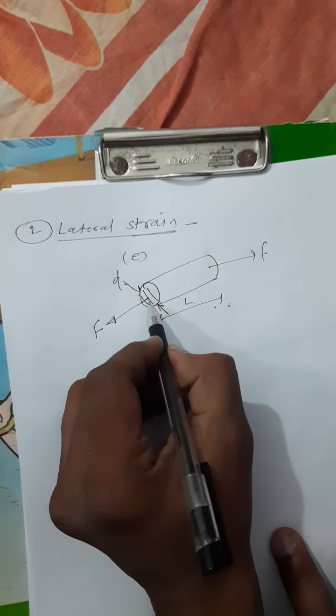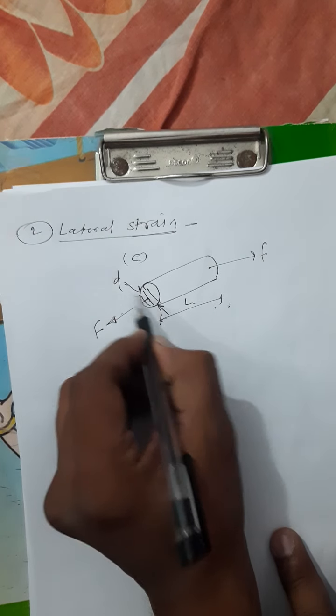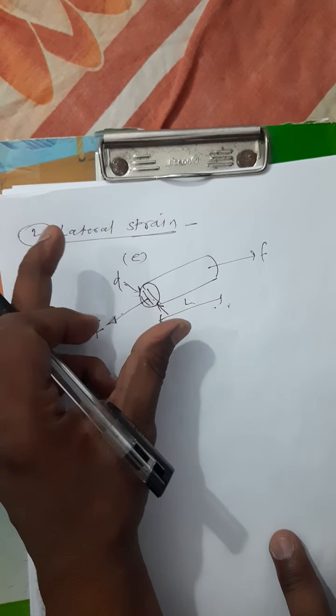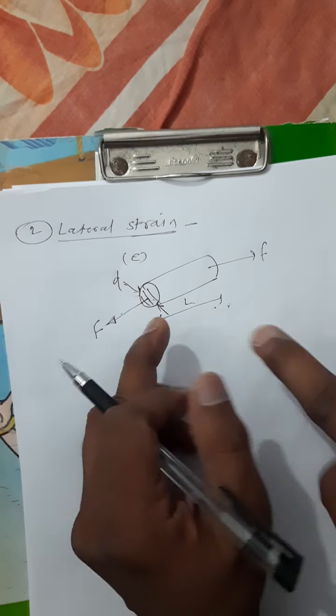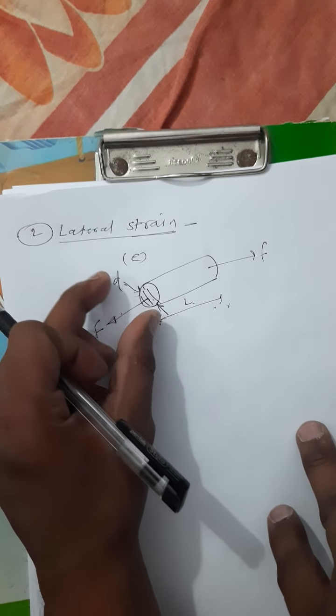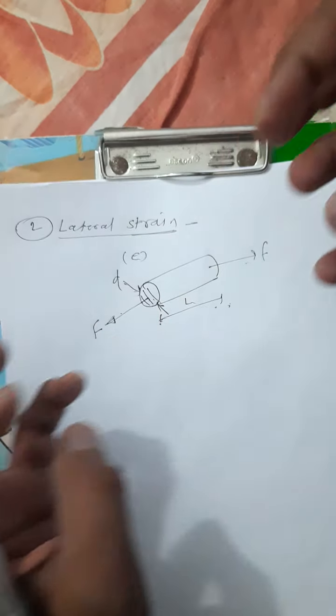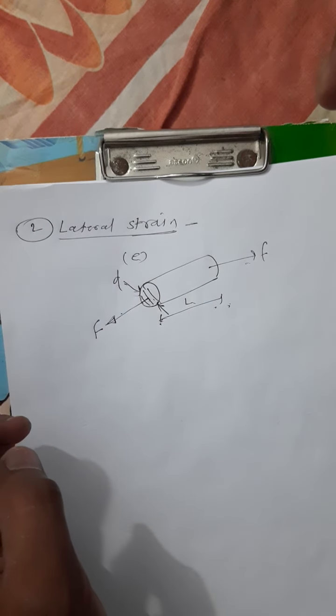But what happens to the diameter? The diameter reduces, so the lateral surface reduces, while the length increases and the diameter decreases, because you are applying external force in tensile condition.